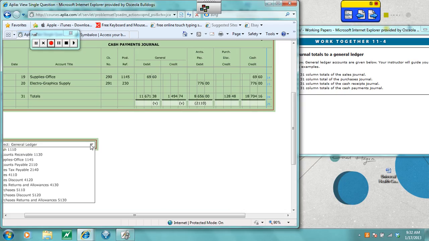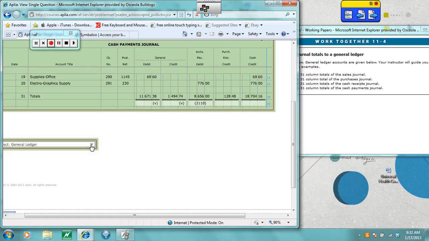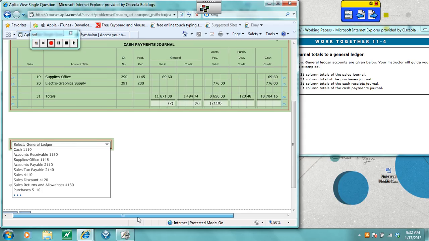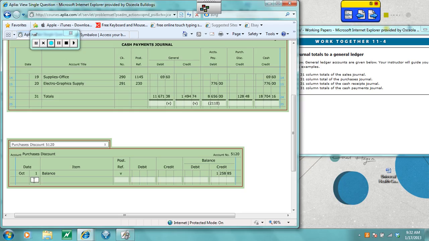Go to the purchases discount. Oops, purchases discount. I guess I'm going to have to slide the bar if I want to. CP 15, if I remember right. And it's a credit.